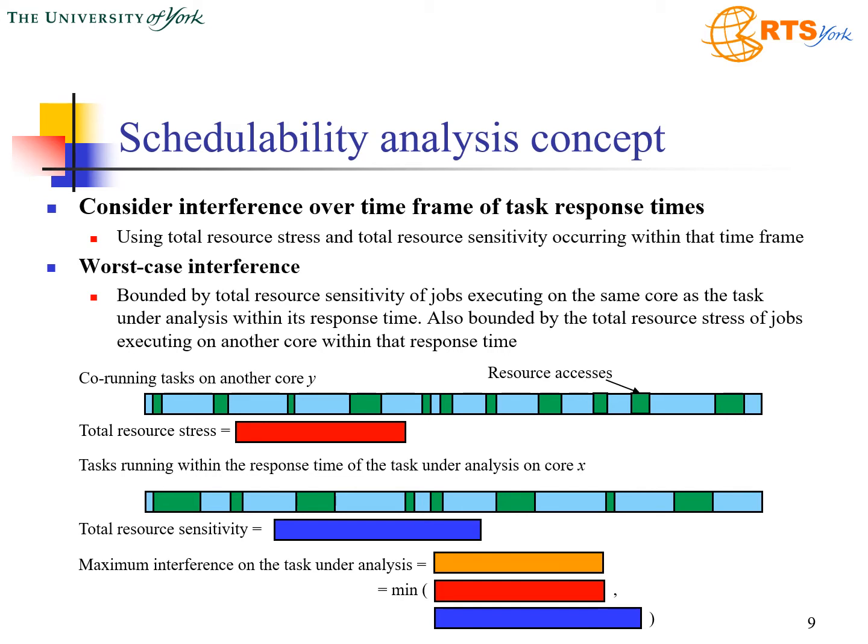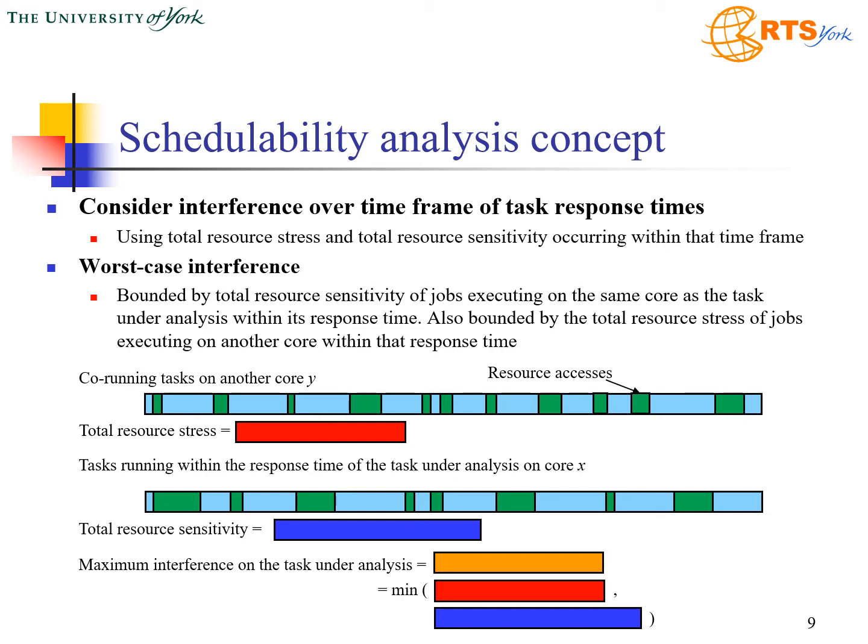So this is illustrated by the diagram on the bottom of this slide. You can see here we have a number of tasks running on the same core X as the task under analysis. And the blue region is the total resource sensitivity of the accesses made by these tasks.